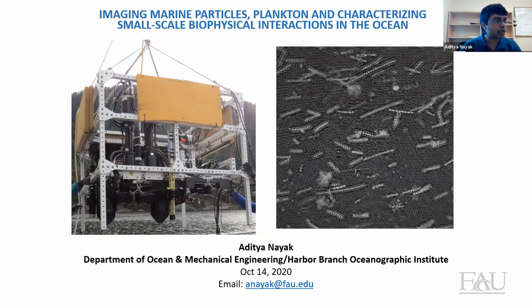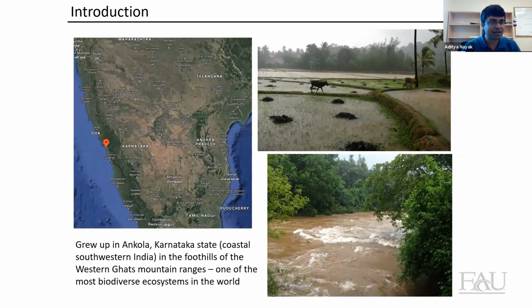Before I delve into that, there was a directive from Dr. Scarpinato. We need a brief introduction about ourselves, where we're from, our hobbies, etc. So I grew up in Southwest India in a small town called Ankola, which is in the state of Karnataka. That's very close to the foothills of the Western Ghats.